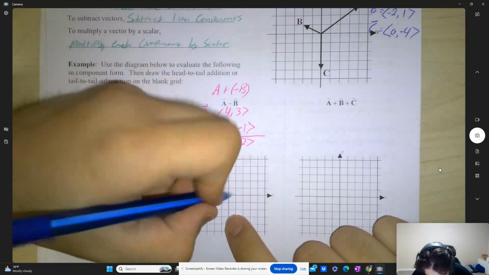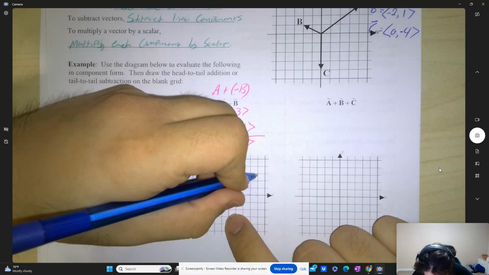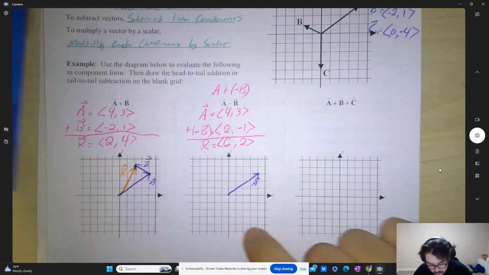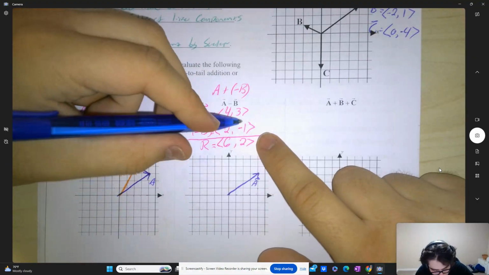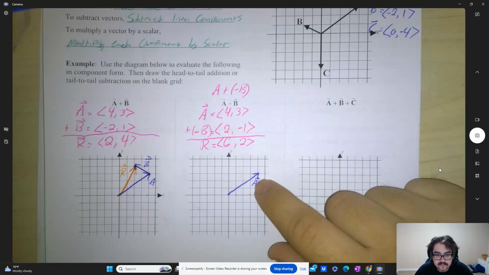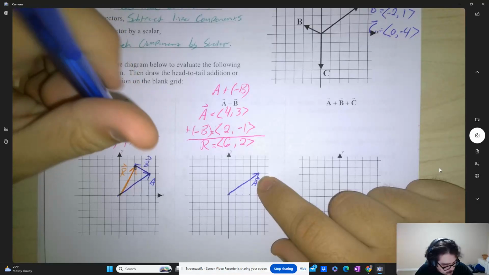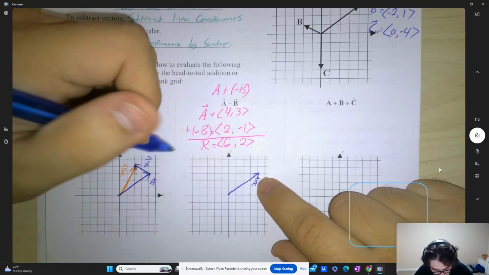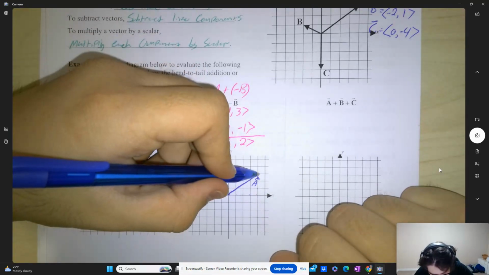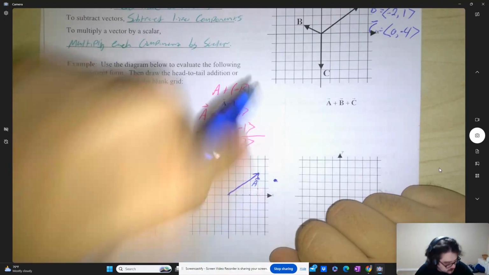Okay, A is 4, 1, 2, 3, 4, 1, 2, 3. B is 2 comma negative 1, so that would be, oh gosh, I don't really have room to draw it here. It would be, let's see, 2 comma negative 1, which would be 1, 2, something like right here-ish.